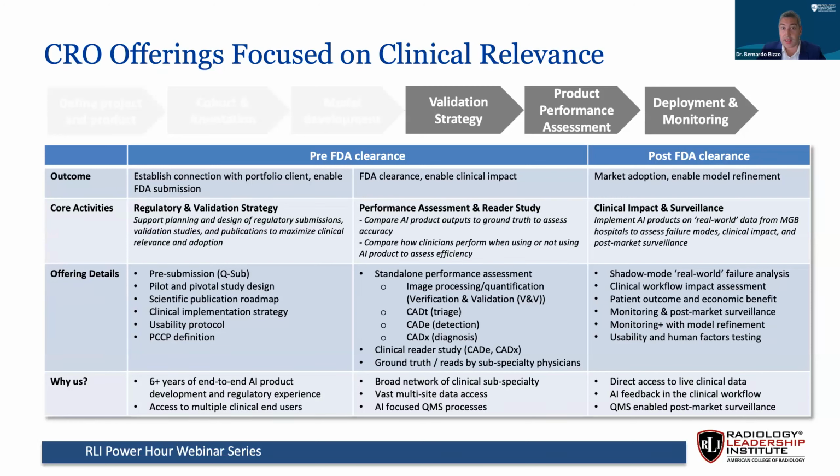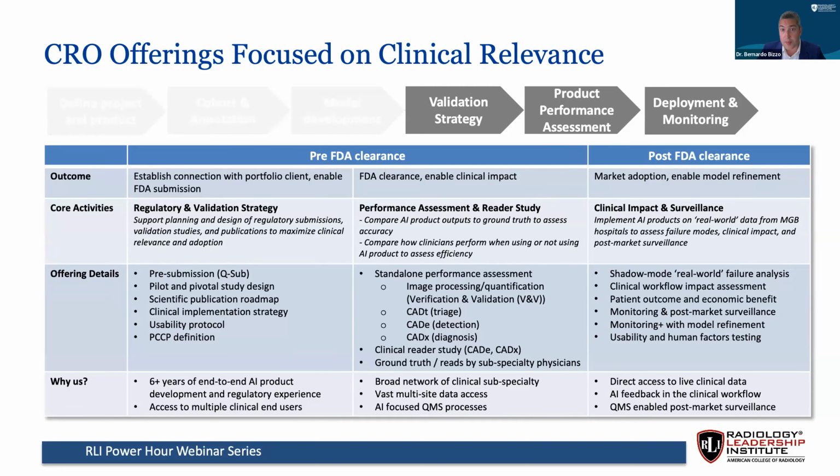There's also what we call a Q-sub or pre-submission process, where anyone can have a meeting with the FDA and validate some of the study assumptions. Some companies choose to do a Q-sub, especially for more complex products. It's also very important to define the implementation strategy early on to make sure that the AI solution being proposed to the FDA will have actual clinical relevance when ready to use.